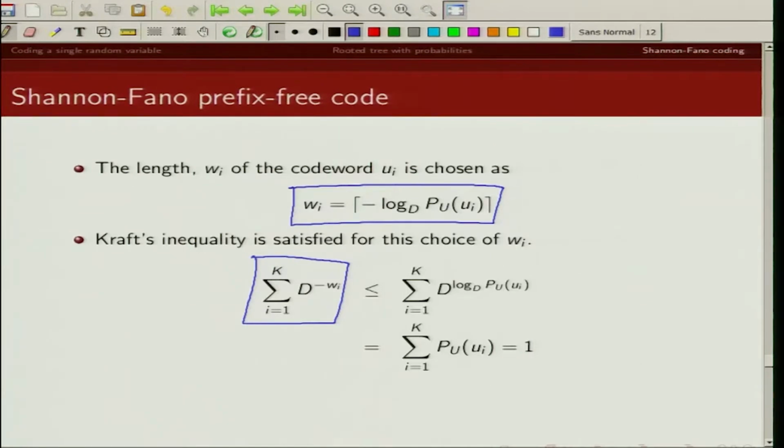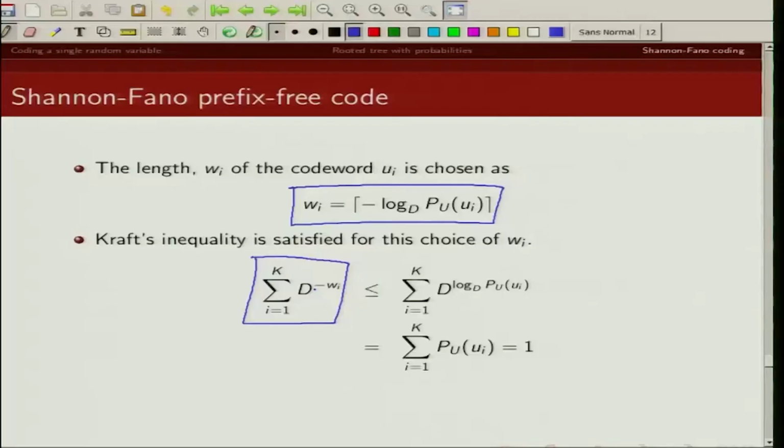So let us see whether the Shannon-Fano code satisfies the condition for a prefix free code. Now note that this is a ceil function. So this minus log of P(ui) might be some real number, so we round it off to the nearest larger integer, the smallest integer which is bigger than this quantity.